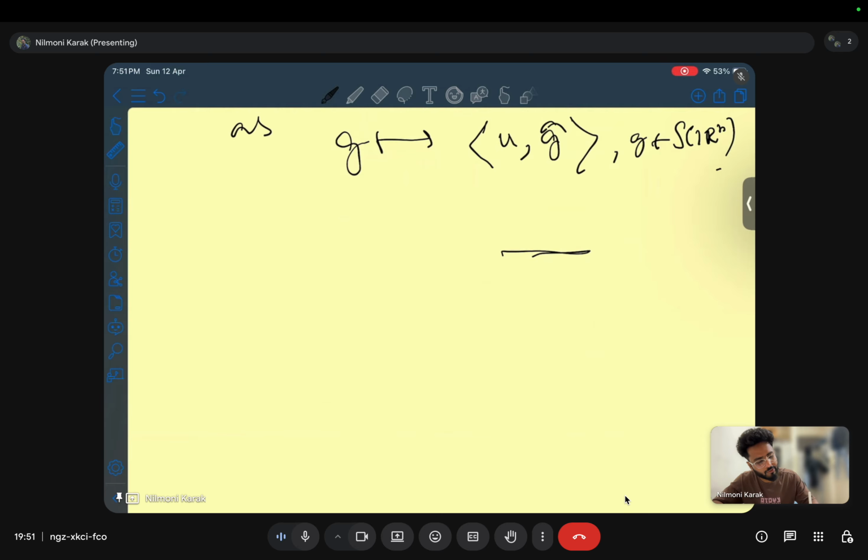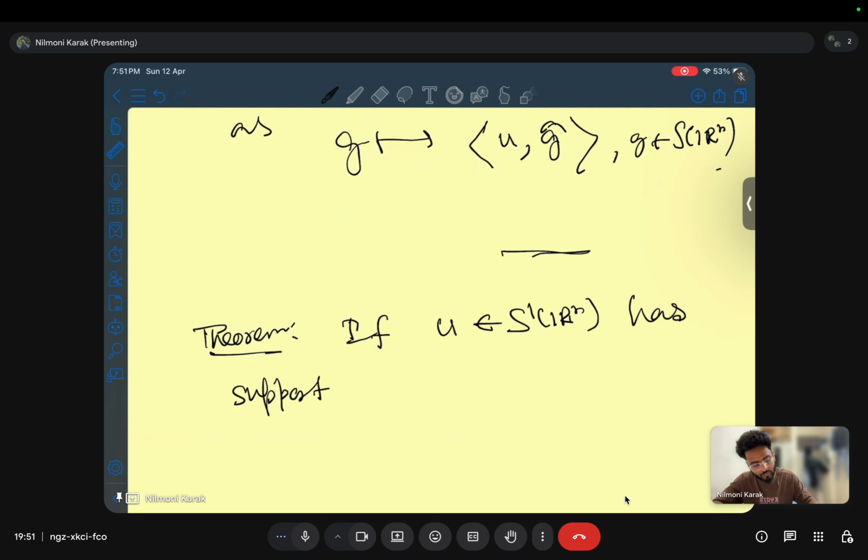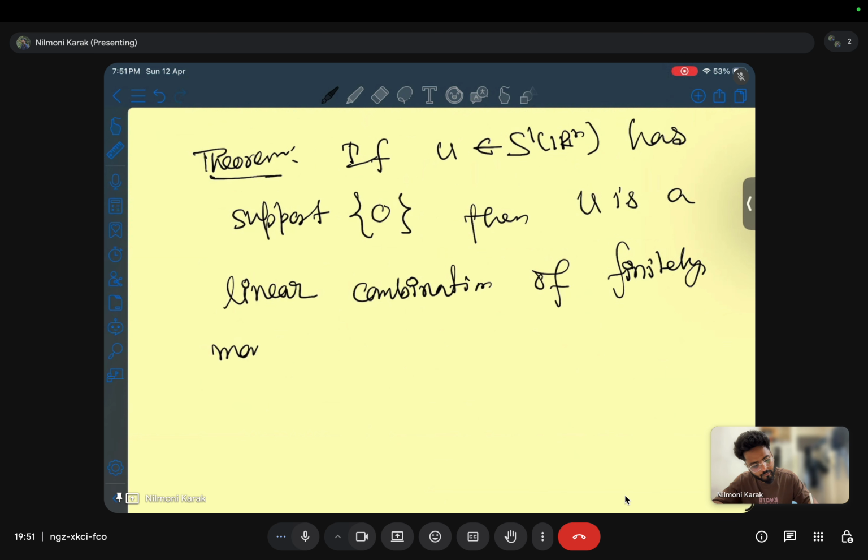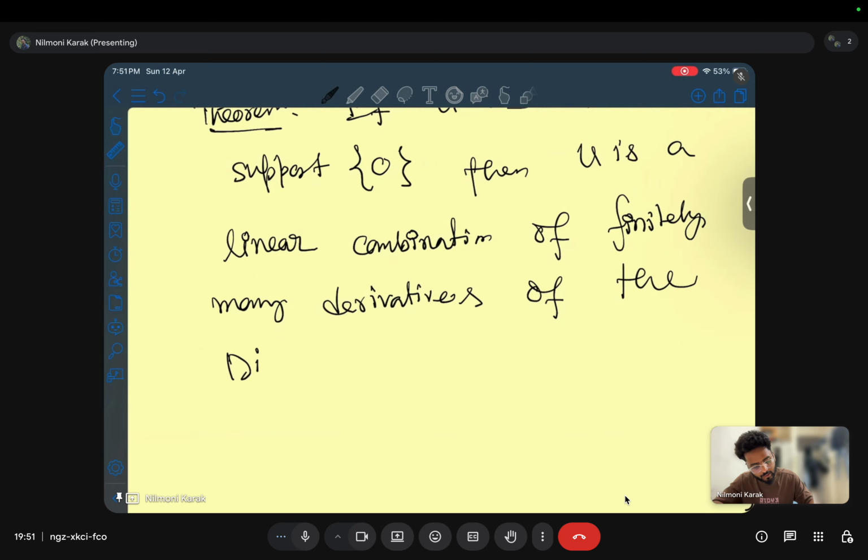So this theorem is necessary: if u in S dash R^n has support 0, then u is a linear combination of finitely many derivatives of the Dirac distribution.